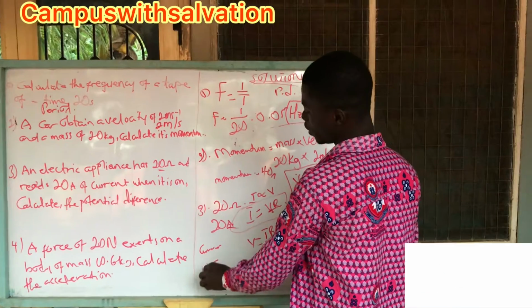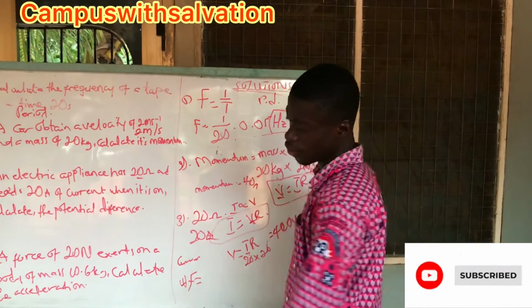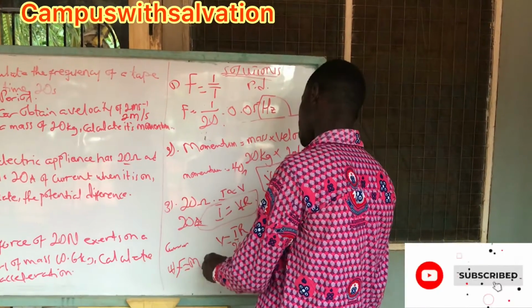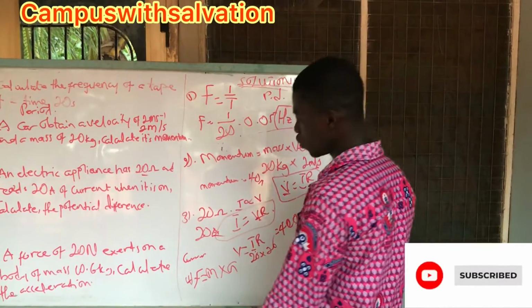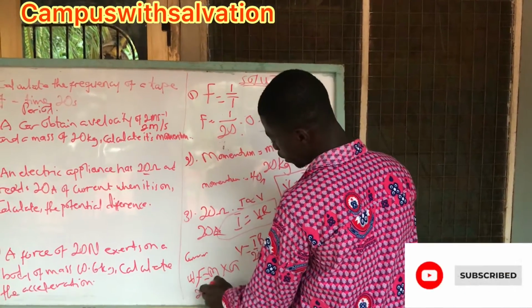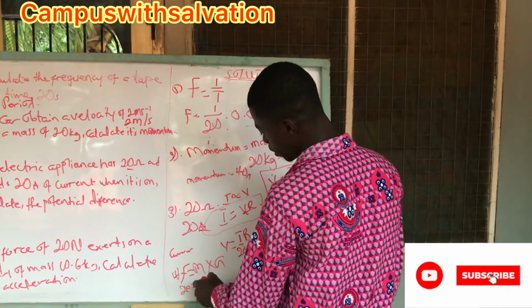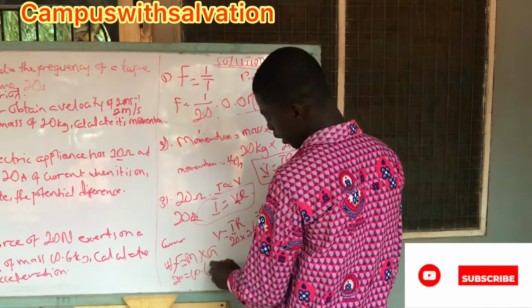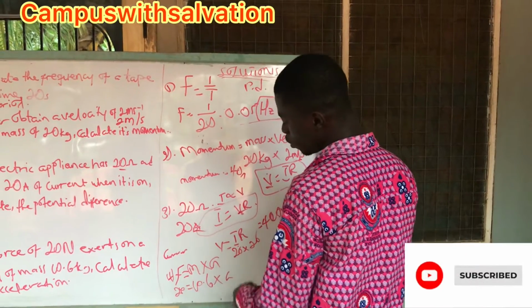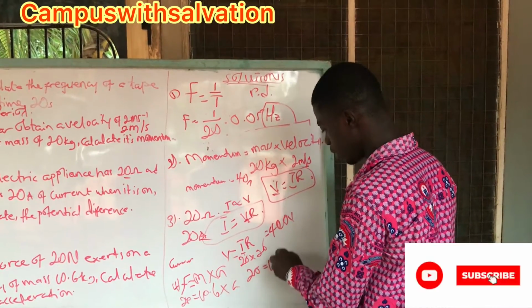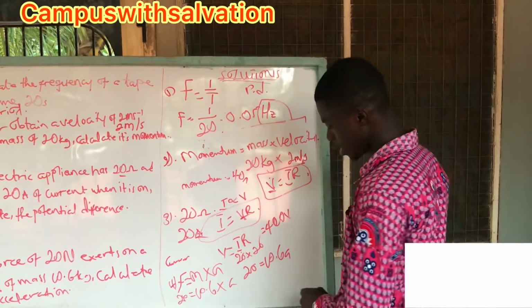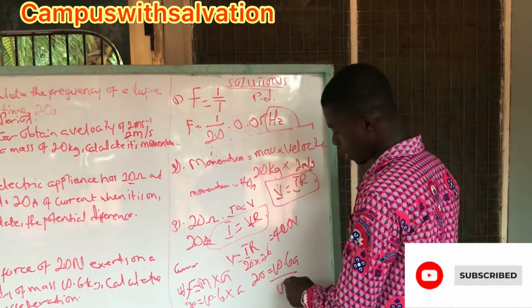You all know the formula for finding force. Force is equal to mass times acceleration, and we are calculating for acceleration. So 20 is equal to mass 10.6 times a, so 20 is equal to 10.6a.